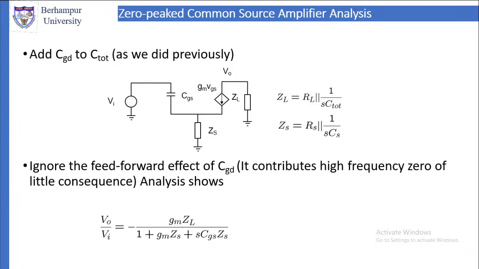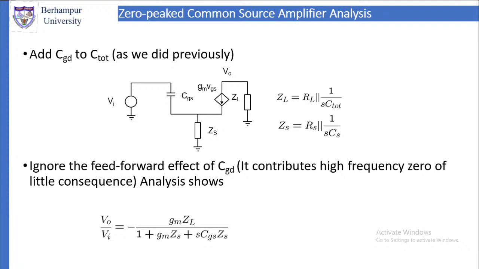We have a voltage source VI, then CGS, then a voltage dependent current source GMVS, then V0 is the output, ZL is the load, and for the RS CS case we use ZS as the impedance at the source. Now what is ZL? ZL is equal to RL in parallel with 1 upon SC total. And ZS is RS in parallel with 1 upon SCS.